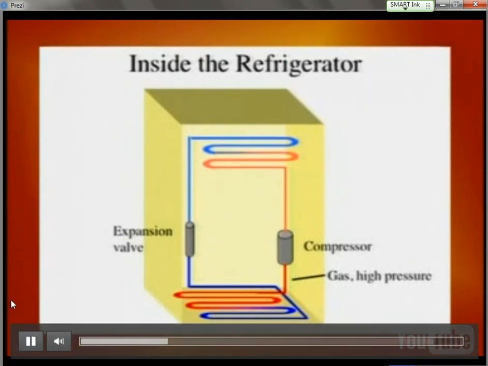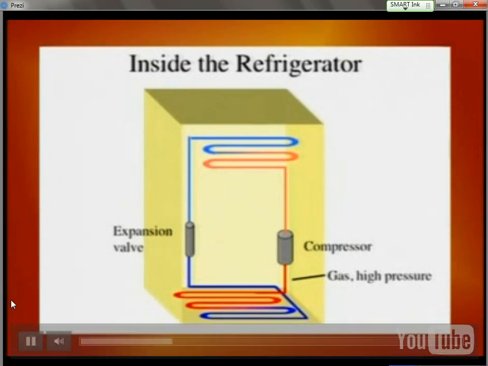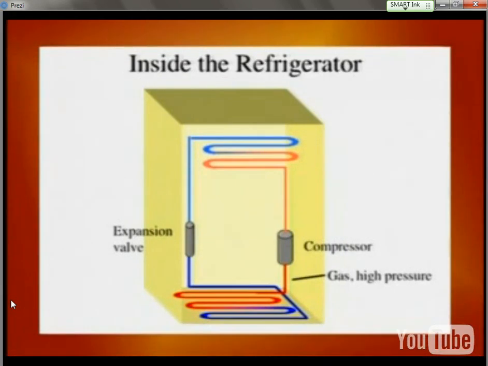That fluid moves through some coils, sometimes in the bottom of the refrigerator, which is actually a rather poor place for it energy efficiency-wise. Better places on top, and you may have seen ancient refrigerators that actually have a little round thing on top, and that was a better place to put these coils. Sometimes in the back, sometimes they're in the bottom. But the purpose of those coils is to take that high-pressure gas and let it get rid of some of its energy, in the process condensing to a liquid.